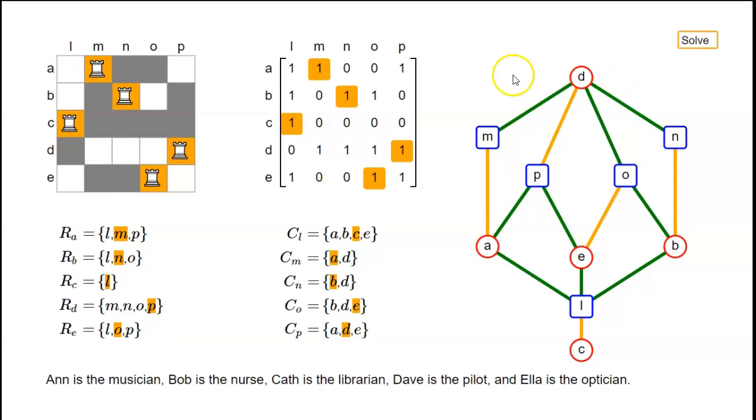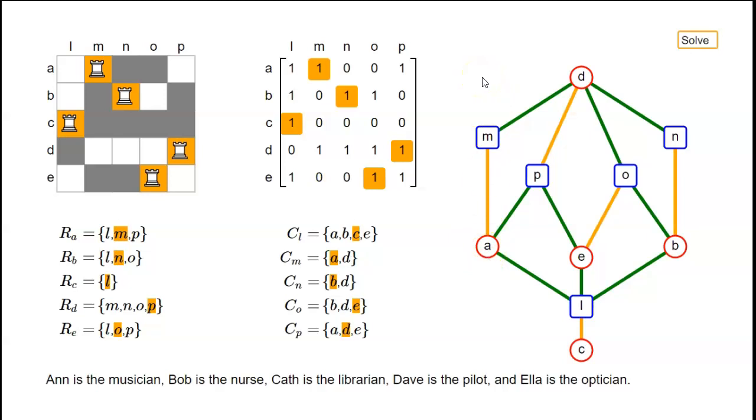And then in terms of the incidence matrix, what we've done is we've coloured some of these edges orange for the cases where we're assigning a particular job, right? We've assigned the musician job to Anne, so we have an orange edge between A and M. We've assigned the pilot job to Dave, so we've got an orange edge between P and D. And so the fact that every person gets a job means that every circle has one orange edge attached to it, and precisely one orange edge, because every person gets precisely one job.